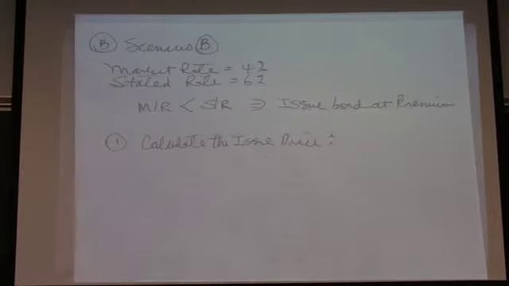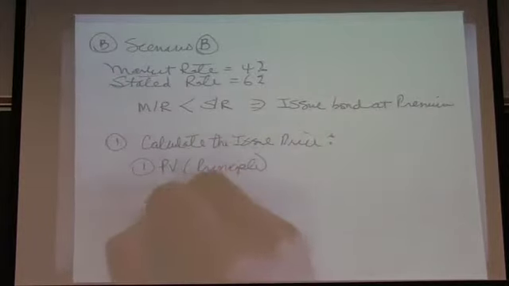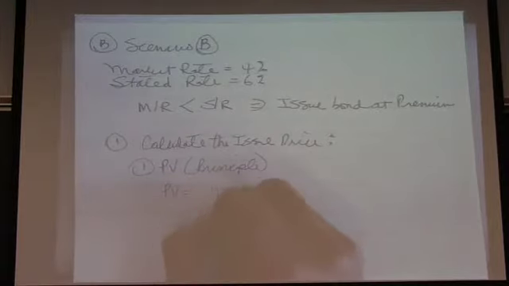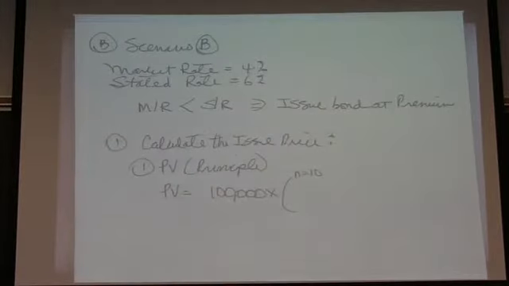The first step is we need to present value the principal. So we need to present value the $100,000, this time with n equals 10, because that doesn't change. It's still a 5-year bond.